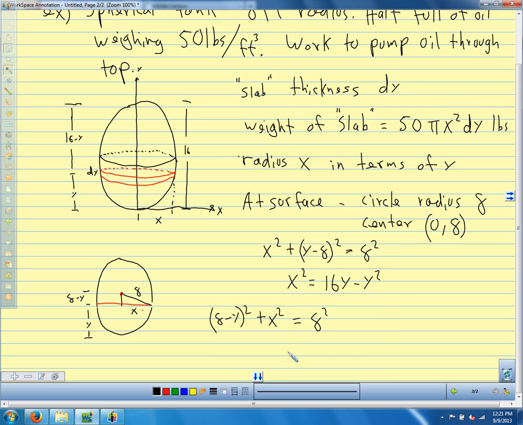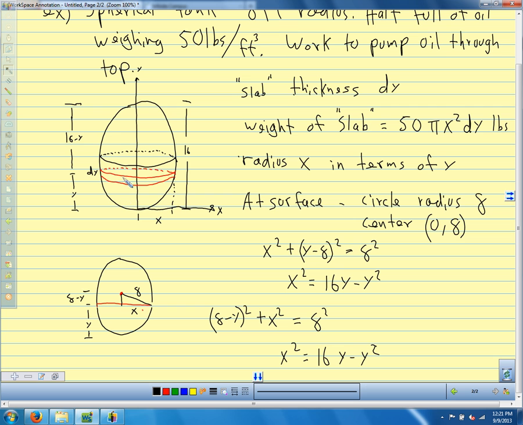So this leads me to x squared equals 16y minus y squared. Either way of looking at it leads me to the same expression for x squared. So now I have an expression for the square of the radius, which I need for my weight in my integrand, in my integral for the work.